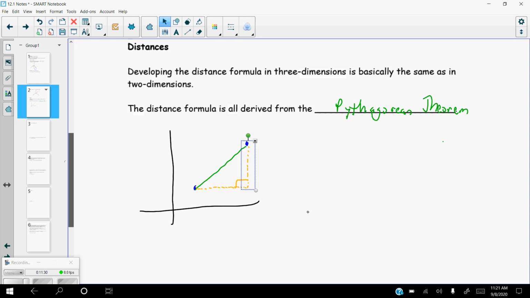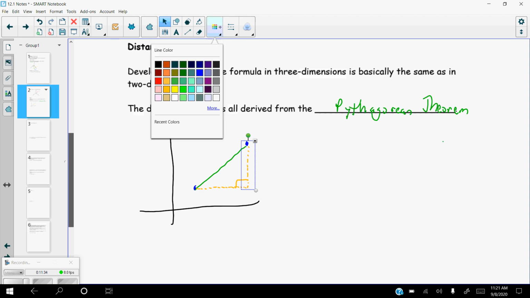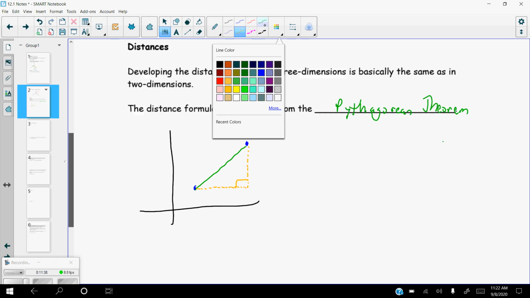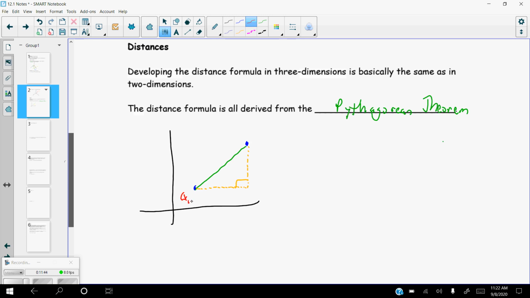So let's call these points x1, y1, and this point up here is going to be x2, y2.